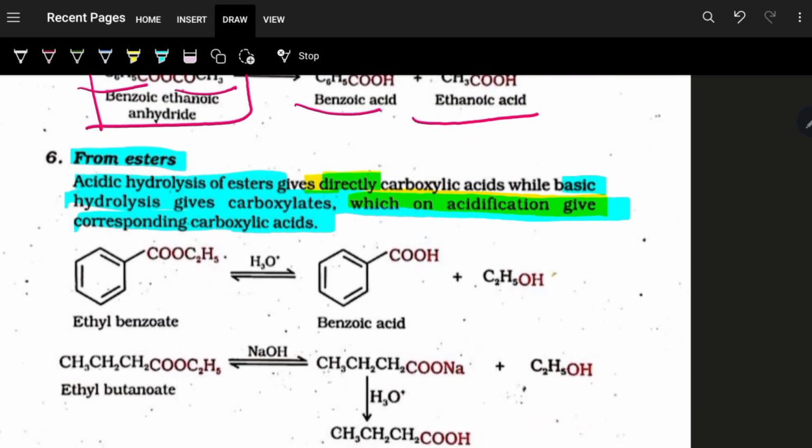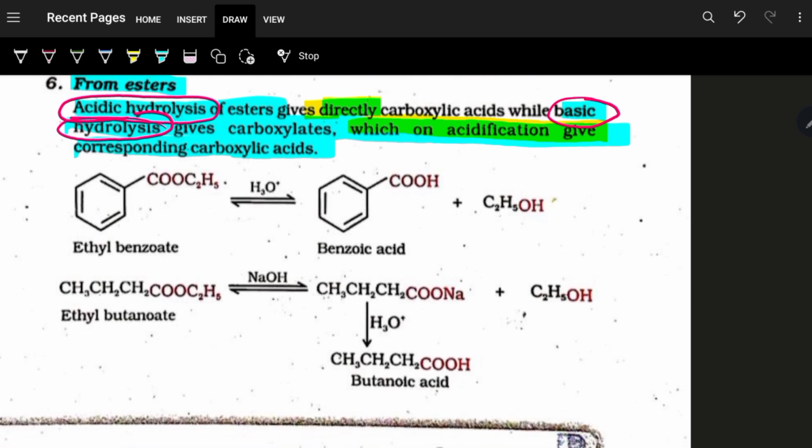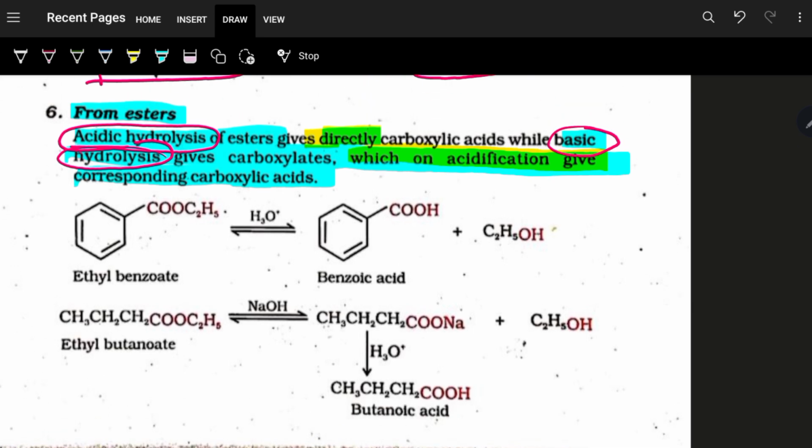We can obtain ester from carboxylic acid. So we can again get back the carboxylic acid from the ester by acidic hydrolysis. Now, not only acidic hydrolysis, basic hydrolysis also gives you, but not directly the acid, the carboxylate we will get. Let us see one by one.